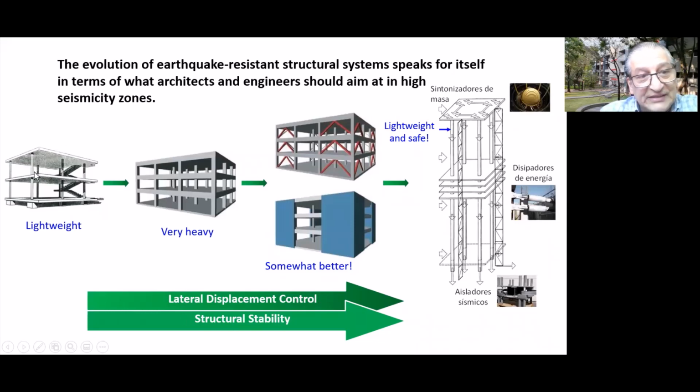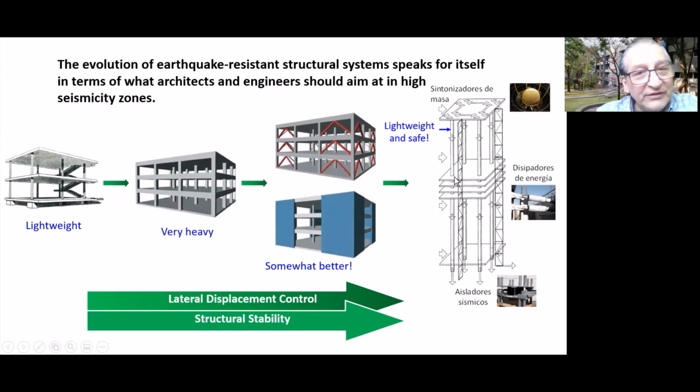So this is the type of systems that we had at the beginning of the 20th century, which didn't have sufficient displacement control. So we started moving to heavier frames, but this was very expensive and inefficient. Eventually, we started supplying our structural systems with braces and walls that are much more efficient at controlling the lateral deformation.